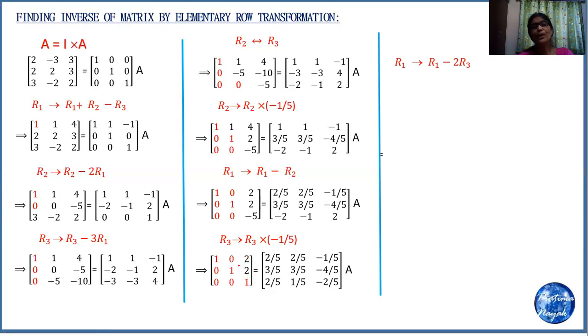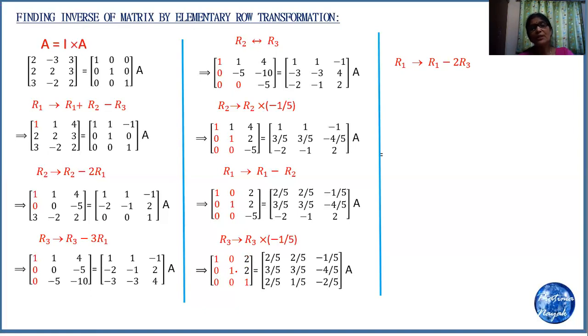Can you guess why? Because if I write it, this 0 will be disturbed. 0 minus 1 will become minus 1. So we have to take the operation in such a way that whatever we have got should not be disturbed. If I involve R1 and R3, here both are 0, so this will not be affected. So you have to think in that way.